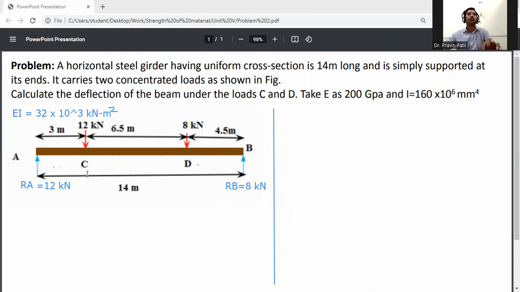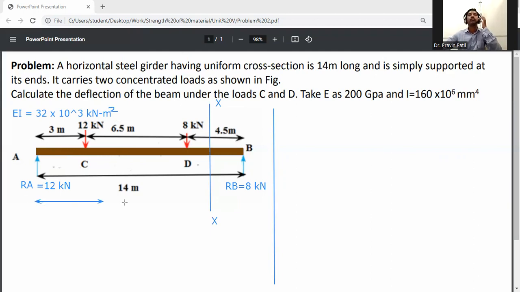So first of all, take moment. Consider section XX. We take section XX in such a way that the point loads will be covered, all the point loads from any side.